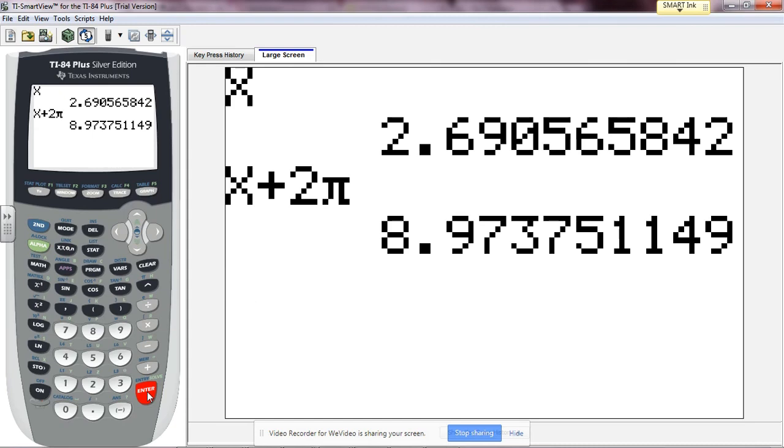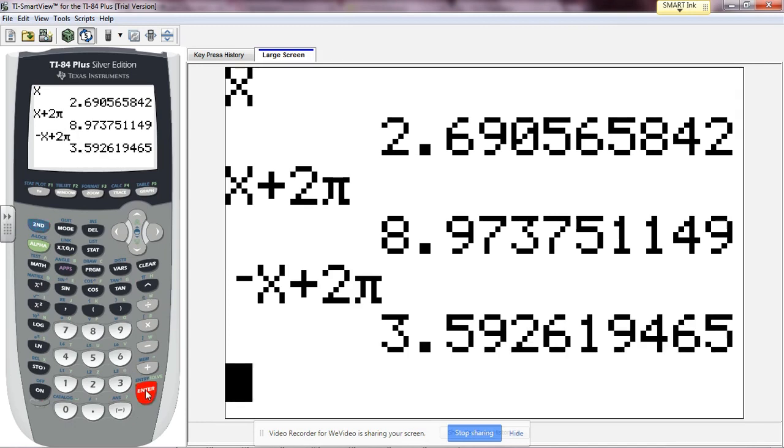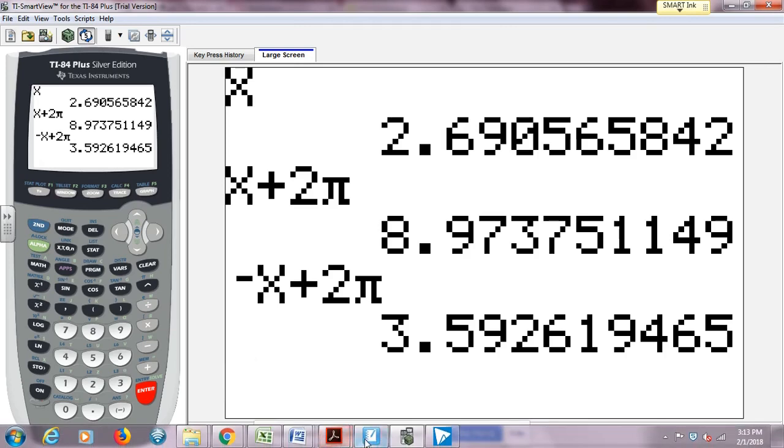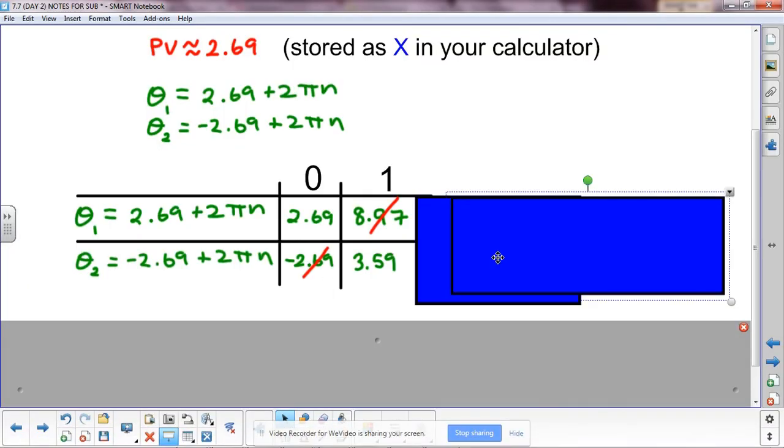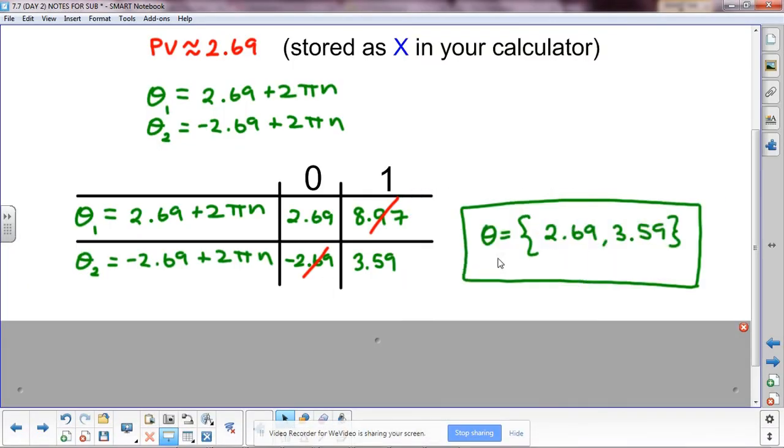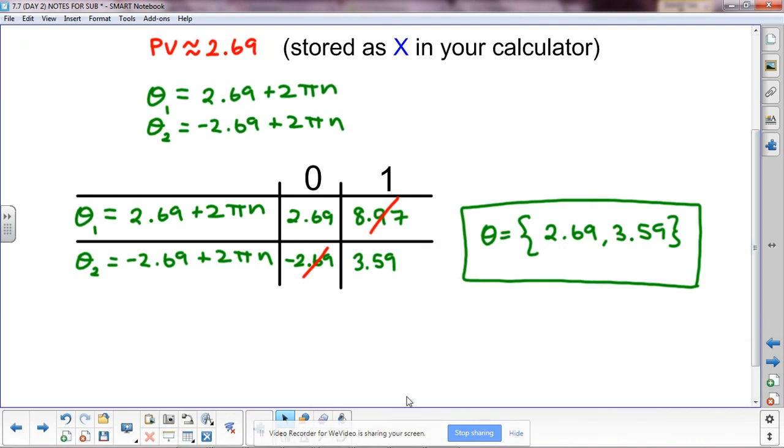That's bigger than 6.28. To get the second one, remember the second one was negative PV plus 2 pi n. So you're going to go negative X, because we stored our PV as X, and then plus 2 pi, because we're plugging in 1 for n, so it's just 2 pi. That gives us the 3.59, and that is okay. So that's why when we write our final particular solutions, the two answers are 2.69 and 3.59.